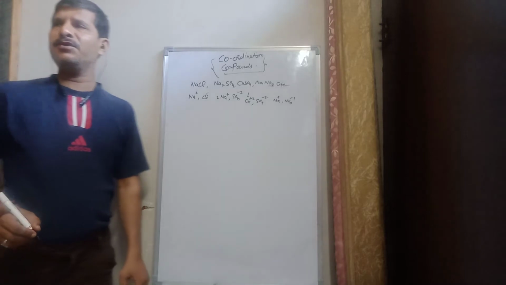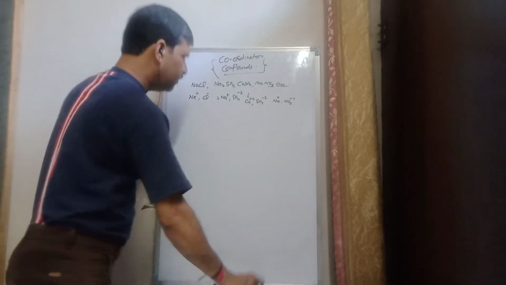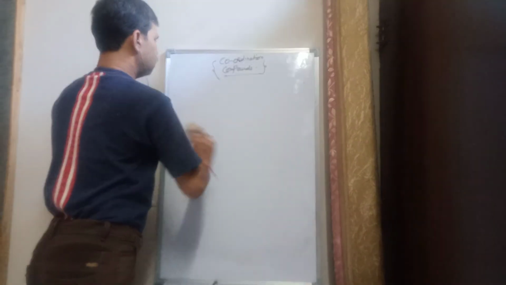Now we are going to teach about double salts. Double salts are addition compounds which are made up of two or more simple salts.